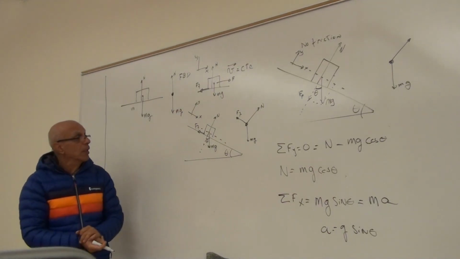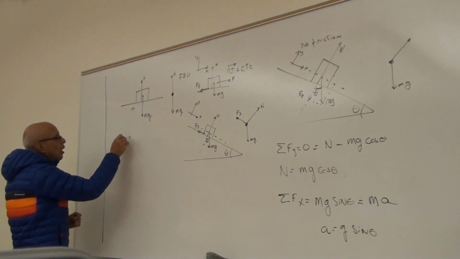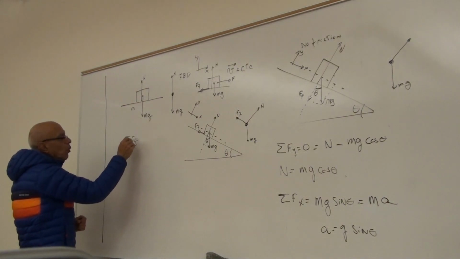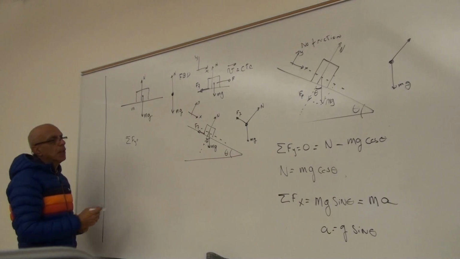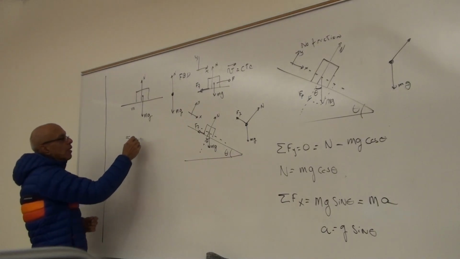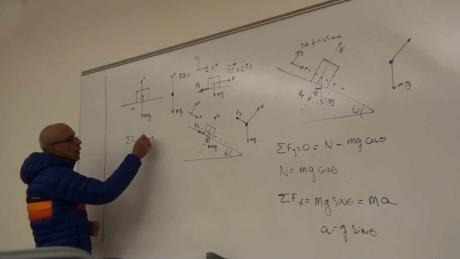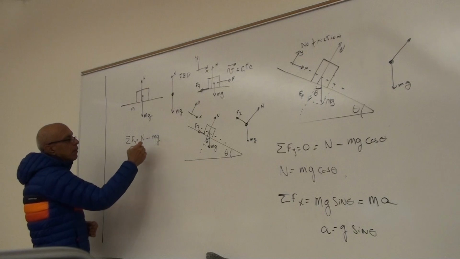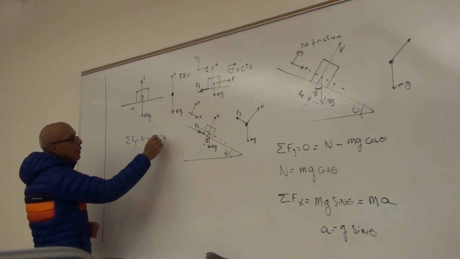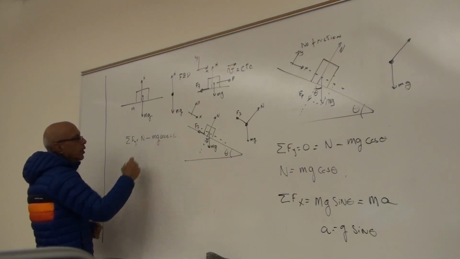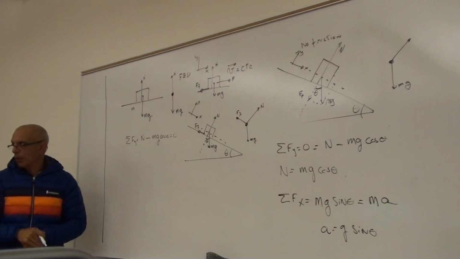Let's start with the sum of forces on the y-axis. Here again I have N minus mg cosine theta equal to 0. So that's my first equation.